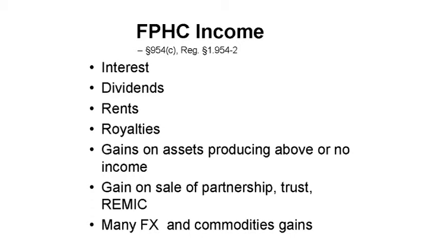The key types of FPHC income are dividends, interest, rents, royalties, and annuities, plus gains on assets producing this kind of income. Moving this kind of income to another entity is easy. You just transfer ownership of the assets producing it. The idea of Subpart F was not to prevent such transfer, but to prevent tax deferral as a result of it.